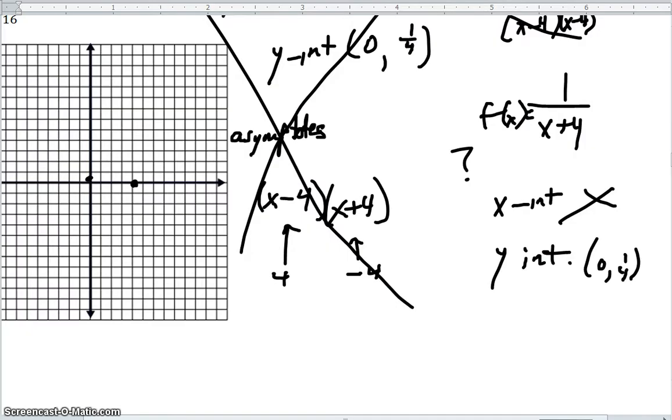Now I have to find out where my asymptote is. And if you look, the degree of the numerator is 1 less than the degree of the denominator. So we are going to have a horizontal asymptote at the x-axis.